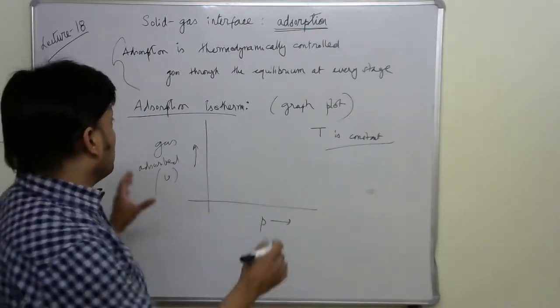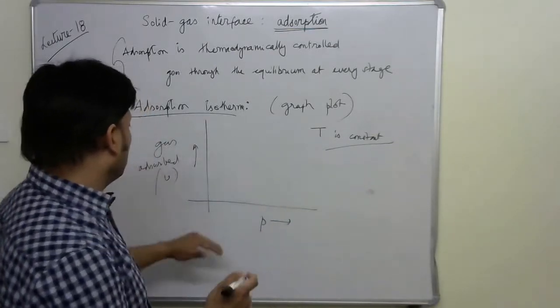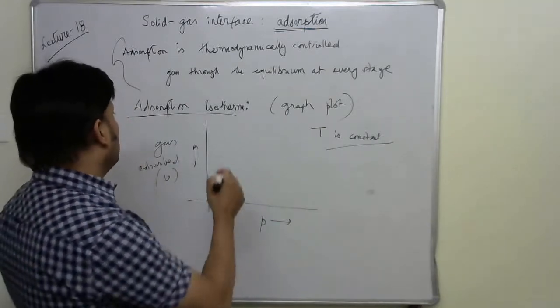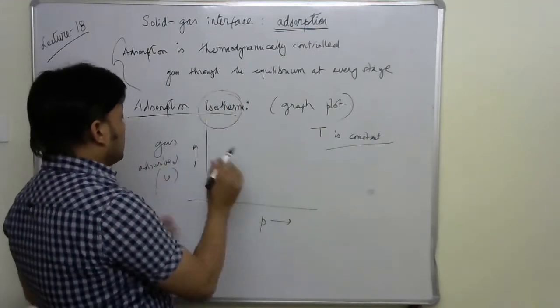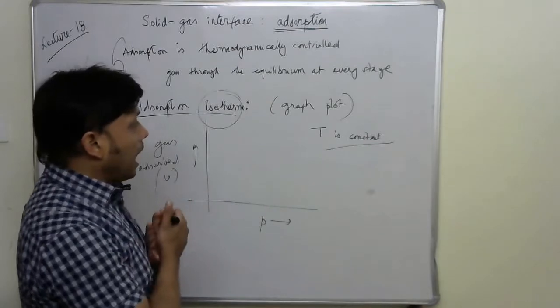So therefore, since the temperature is constant for measuring the volume versus pressure data, such type of graph plot is called the adsorption isotherm.